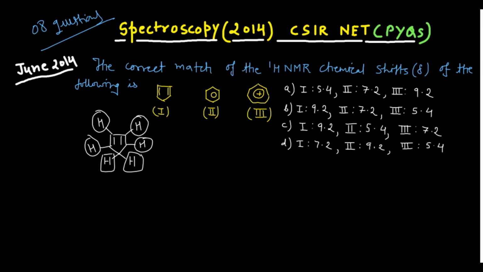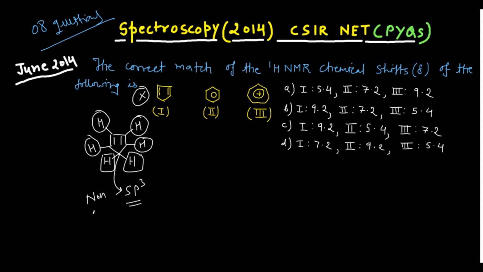But you can see in the question itself, it is not given how many different signals there are. So we can straightforwardly discard option number 1. Why can we discard it? In this cyclopentadiene, this carbon is an sp3 carbon. Whenever you have an sp3 carbon, it is non-aromatic.